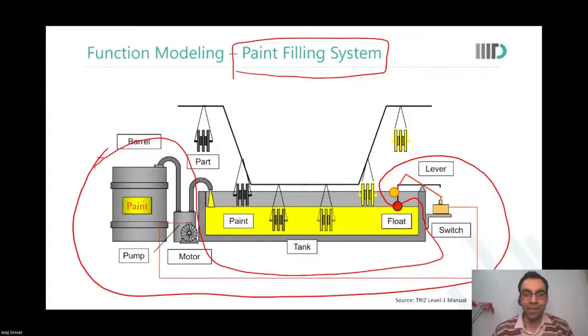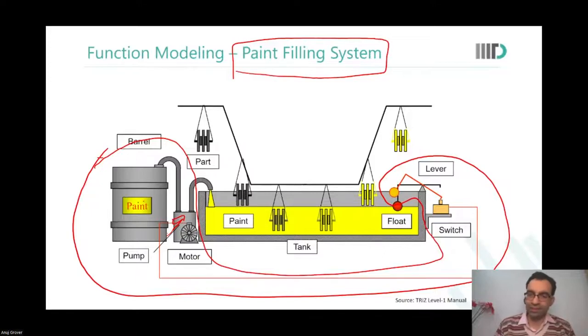Yes, sir. So what is the target here? Paint. What would be the basic function? In all this, which component would be performing the basic function? Motor. Tank. Pump. Pump moves paint from the barrel to the tank. Isn't it? The motor acts on the pump, right?